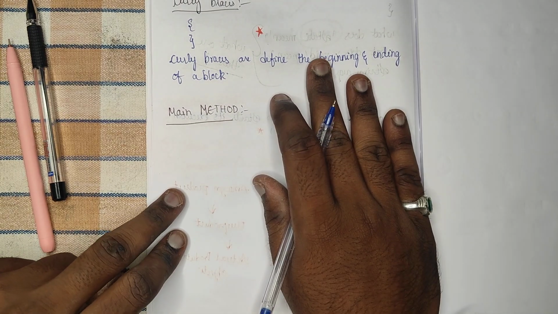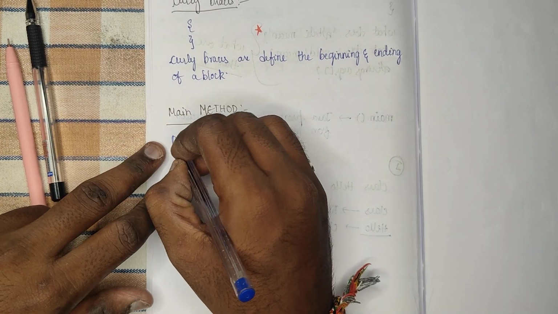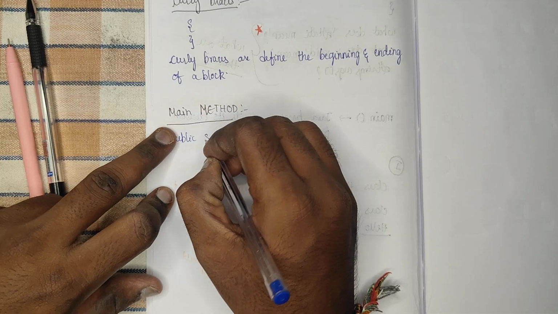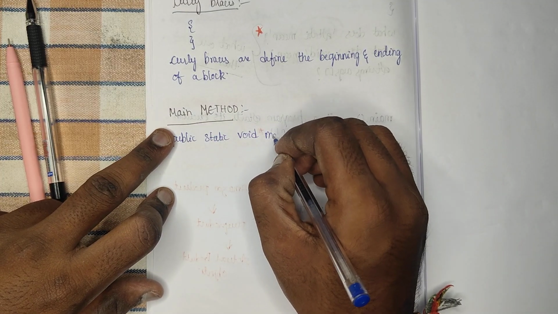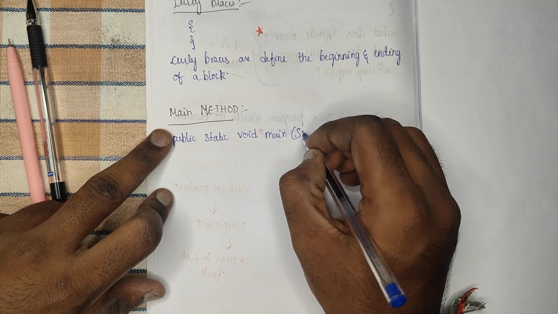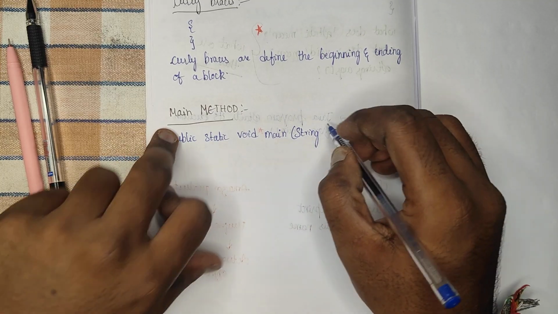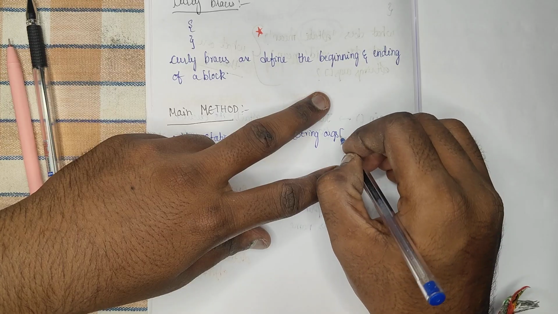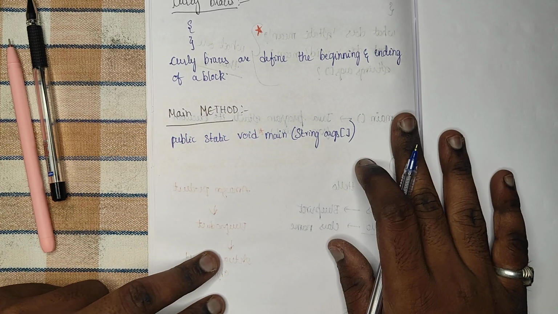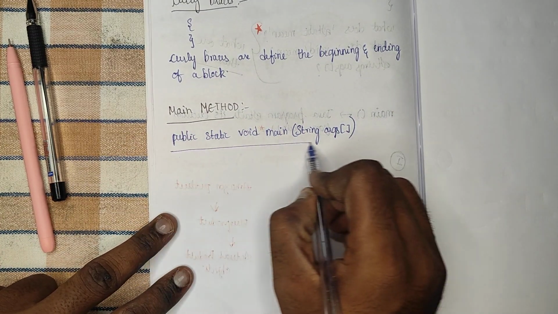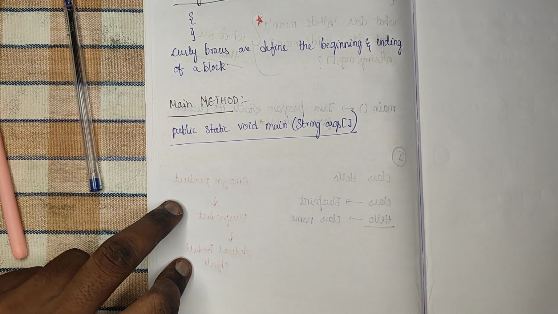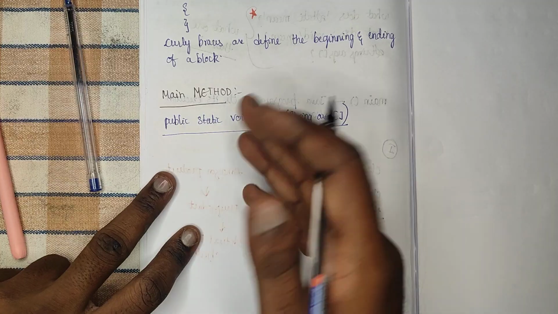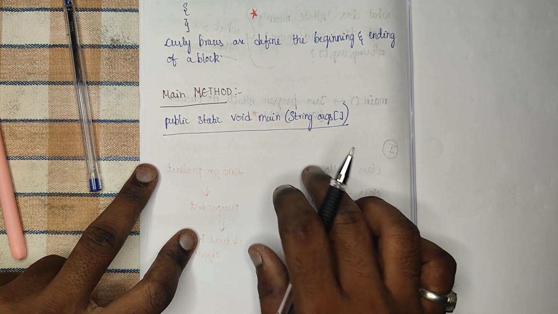Public static void main, String args. This is the most important line of the program. I can say this is the heart of the program. Many university questions come from here.